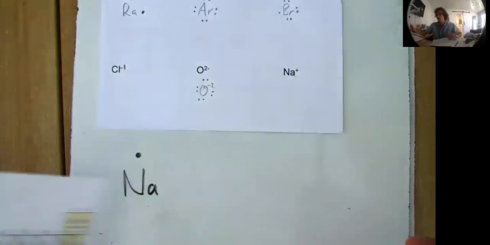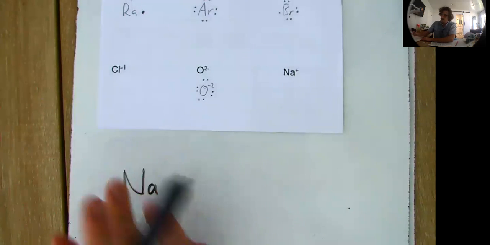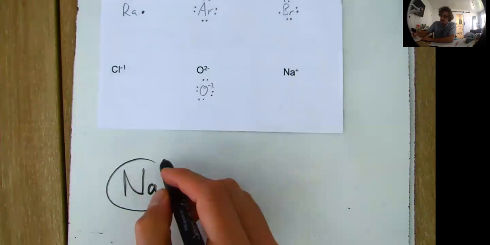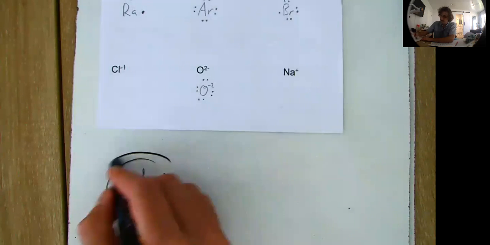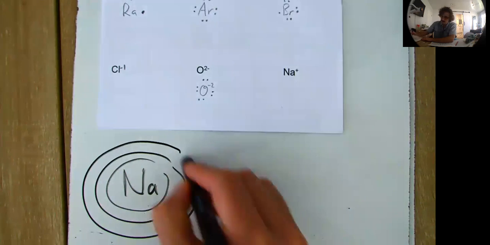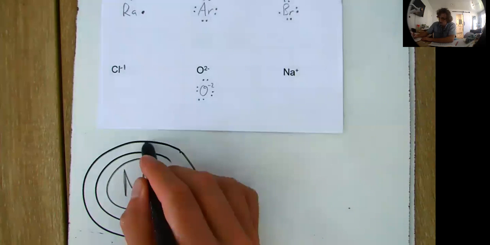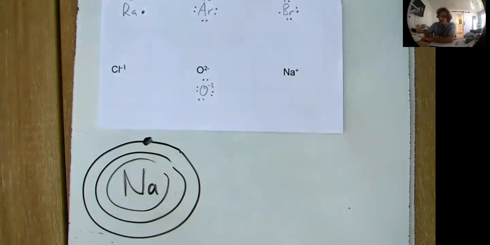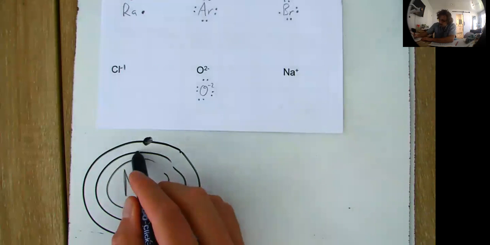Let me give you a visual representation. So here was sodium's 1st shell, 2nd shell, 3rd shell. I'm not going to draw all the electrons, but we know that there's that 1 electron that sodium has. Actually, I'm going to draw all the electrons.